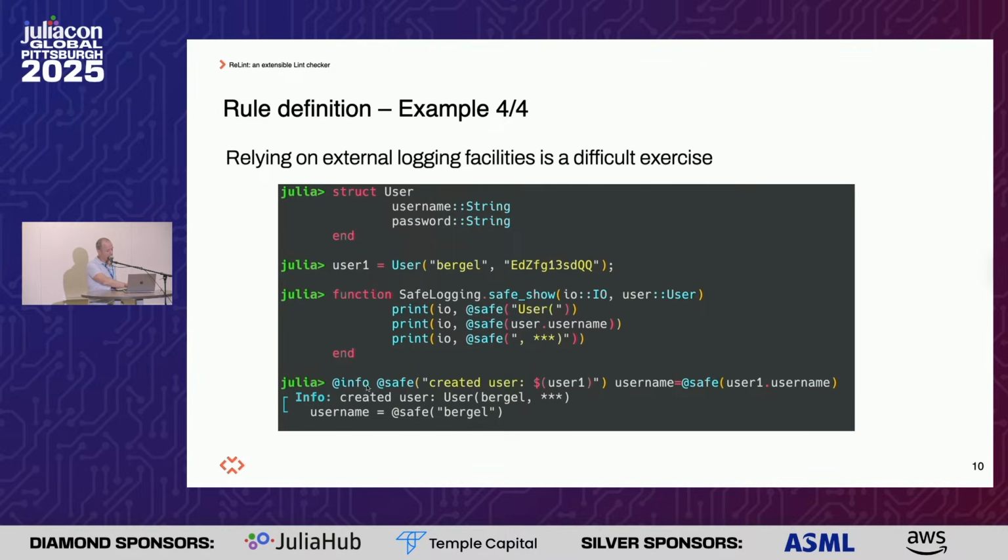You have @info @safe created user, and the safe is aware of the interpolation here, and will make sure that this thing is safe to be interpolated. And here you have an argument, username also has to be safe. And then whenever you execute that, you see that there is no sensitive information being logged.